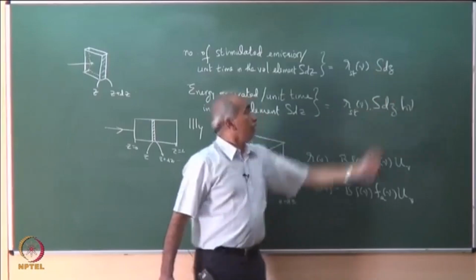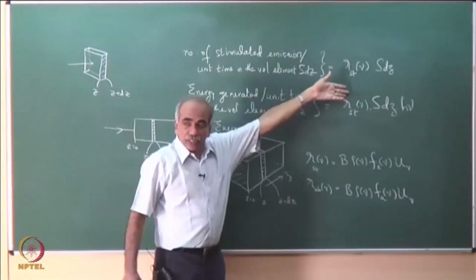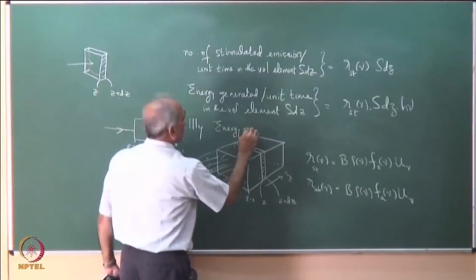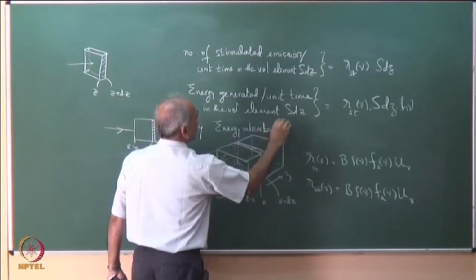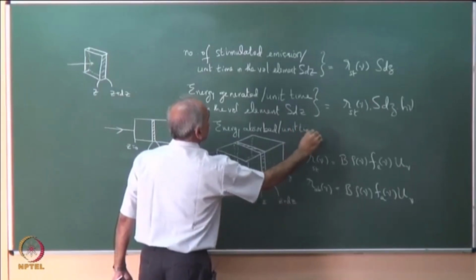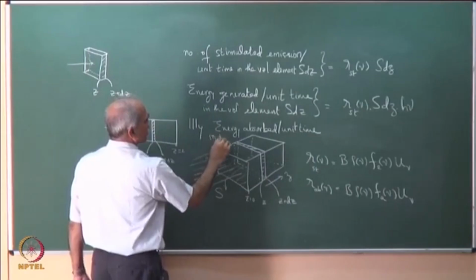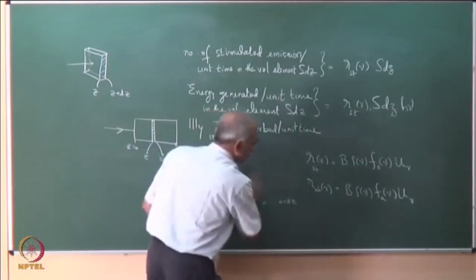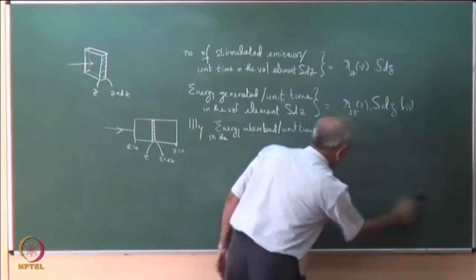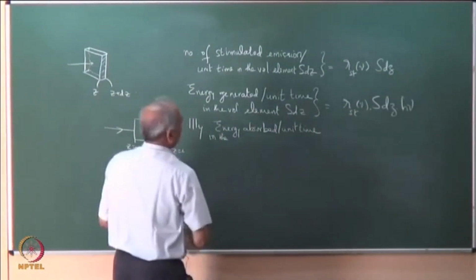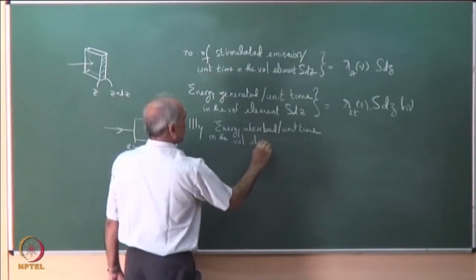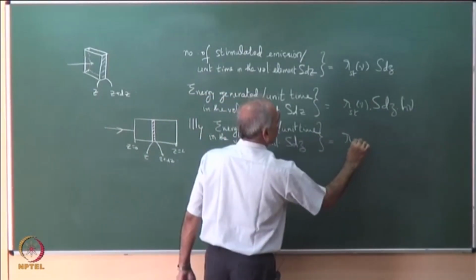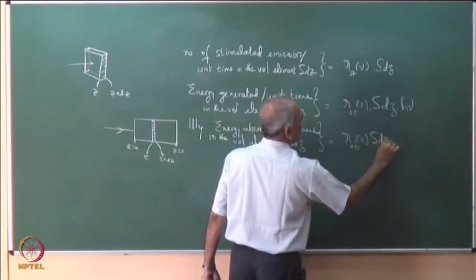S dz is the volume, and therefore the energy absorbed or energy lost per unit time in the volume element S dz is equal to R A B into S dz into h nu.